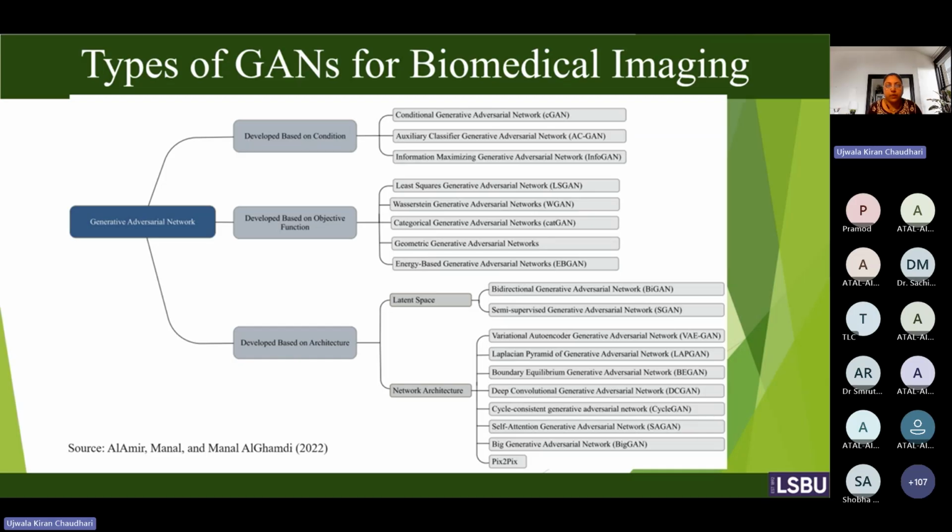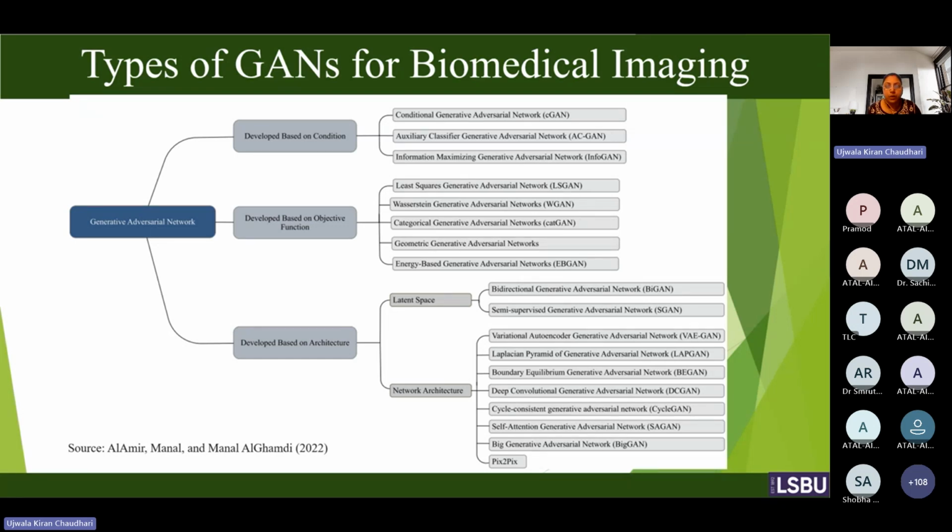For example, if it has been developed based on certain conditions, there is a conditional generative adversarial network. We put certain conditions on some parameters. Say, if I am interested in tumors, maybe I would say that this particular region should not be beyond this size, in terms of pixels or length. Then there can be a change in the objective function, for example the least square generative adversarial network, where the objective function is basically our error calculation.